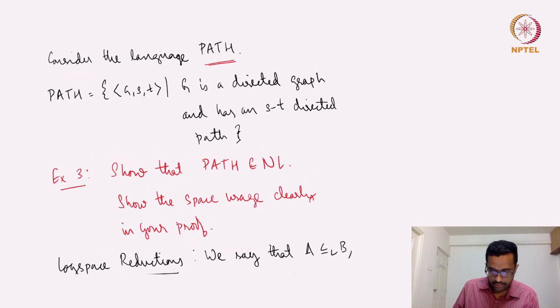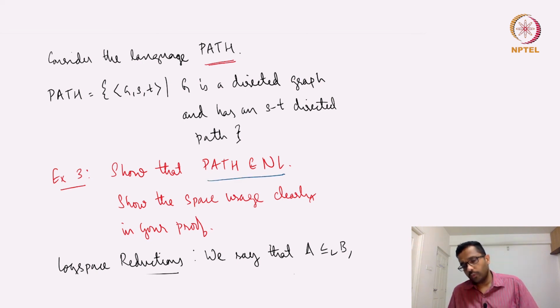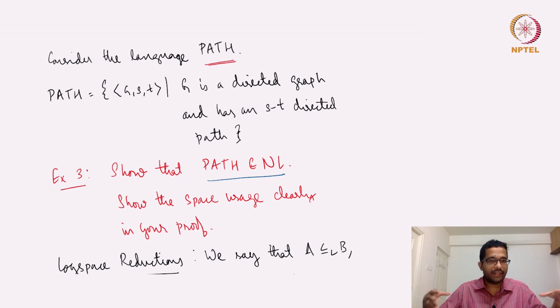So I'll stop after this. One small exercise is, show that PATH is in NL. This is non-deterministic log space, so we can only use logarithmic space. You cannot do the breadth first search in the exact same way, because you cannot be maintaining a visited marker and all that. We have to be more careful.